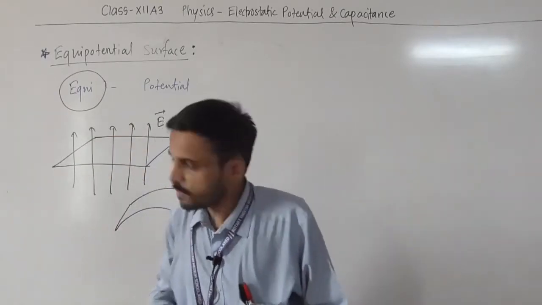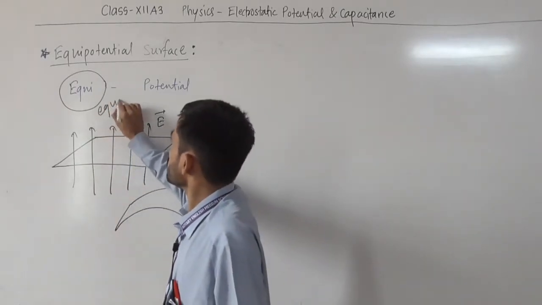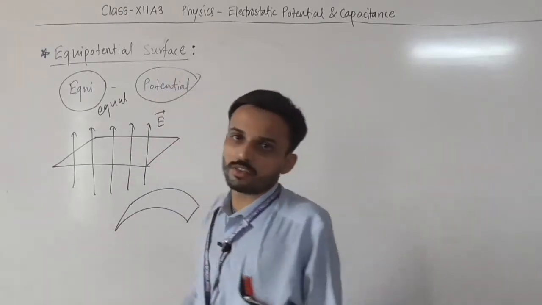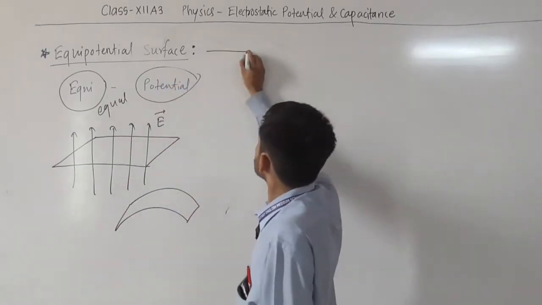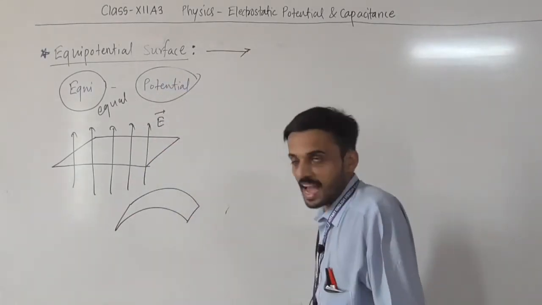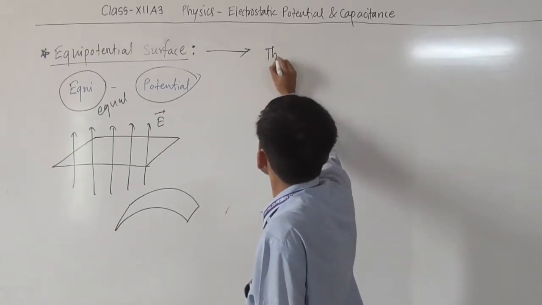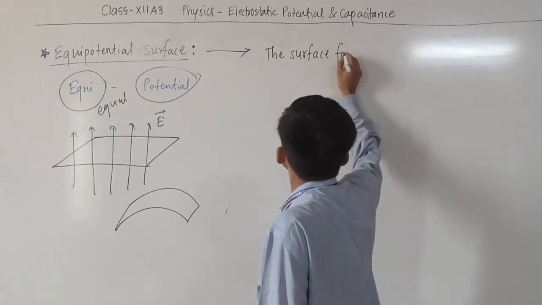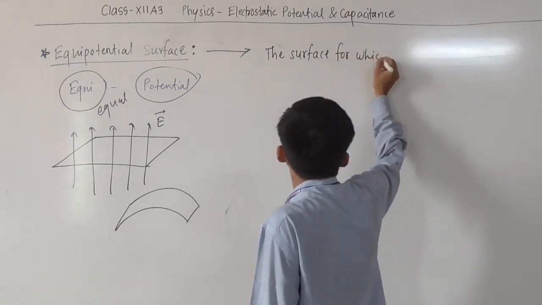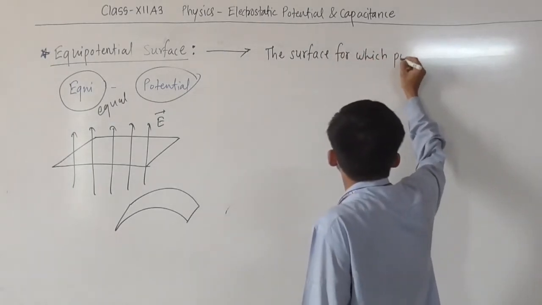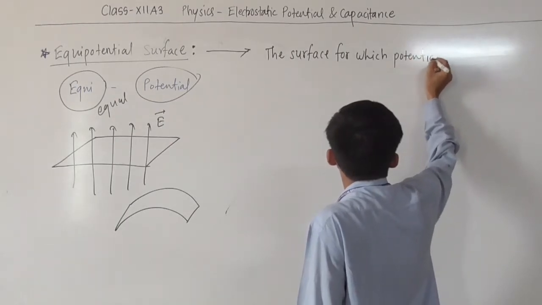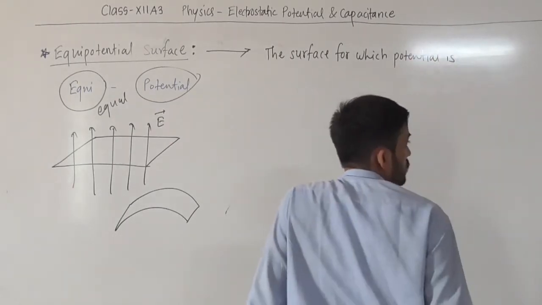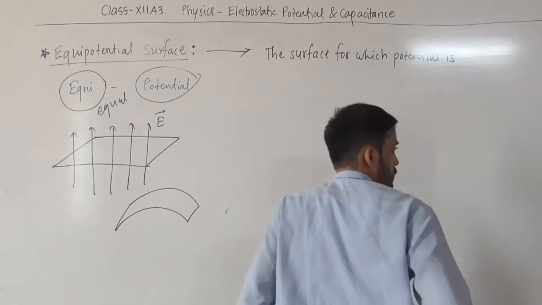The meaning of equi is equal, and potential means potential. So equipotential surface, I can define it as the surface for which potential is same everywhere.